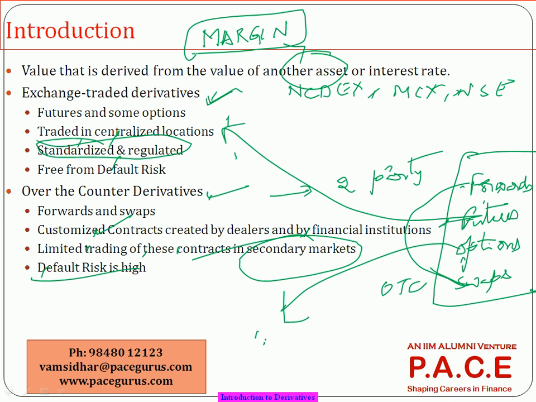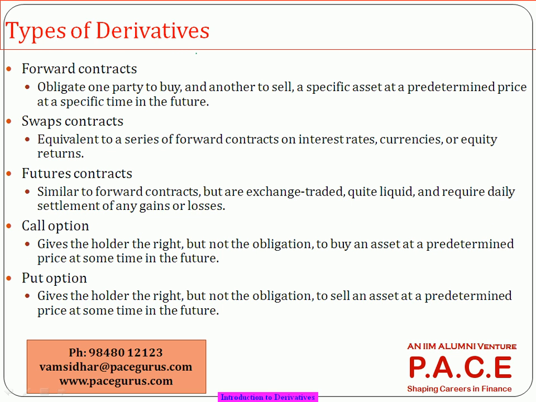It will impose some kind of margin restrictions, and it will protect itself from any kind of a default risk. So that's where we say it's free from default risk. Whereas in case of over the counter derivatives contracts, they are very much prone to default risk.